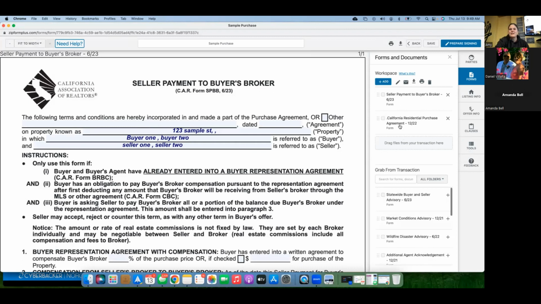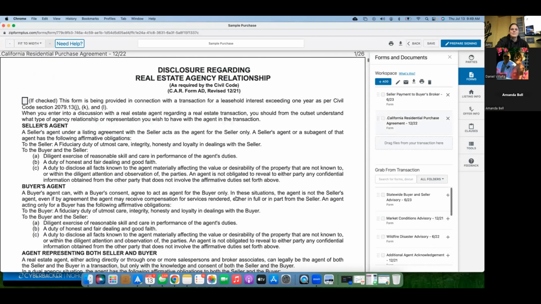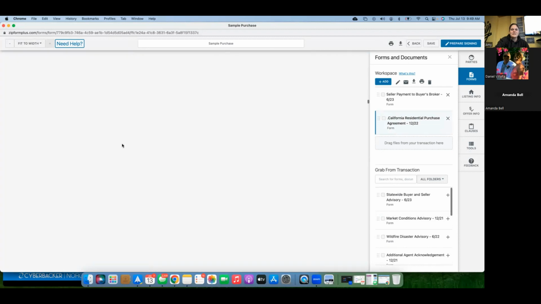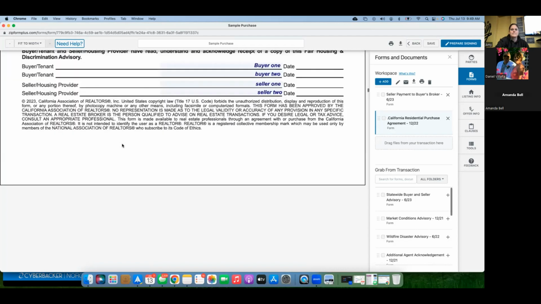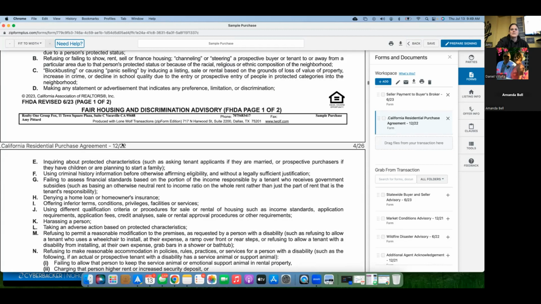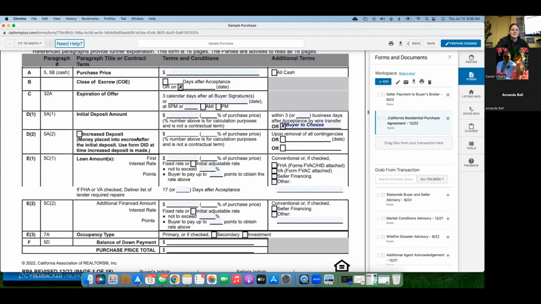All right, so let's go here to the purchase agreement. We're going to scroll down to the first page, to the grid. It's actually like on the third page of the grid. Just waiting for it to load. It'd be nice if my computer would think as fast as I did.